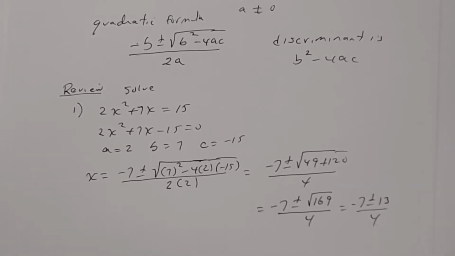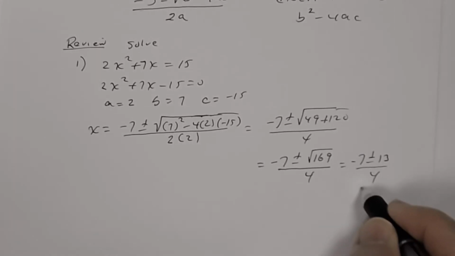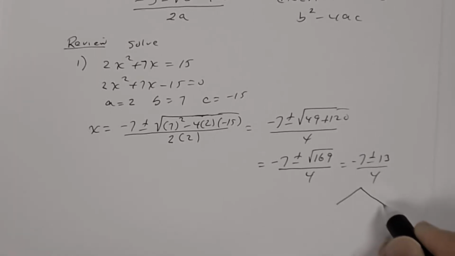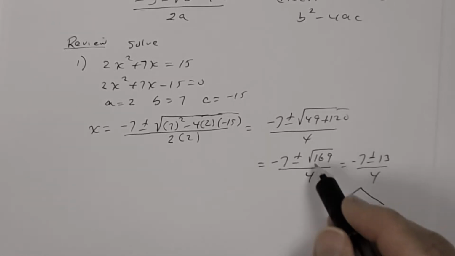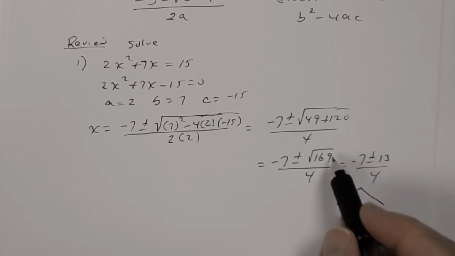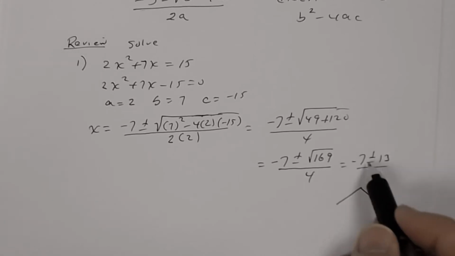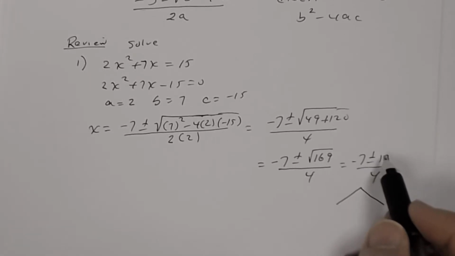And at that point, this is where you broke this down into two separate solutions, because this was rational. Remember, when the radicand is a perfect square, we end up with an integer, a whole number, and so the square root is no longer there.